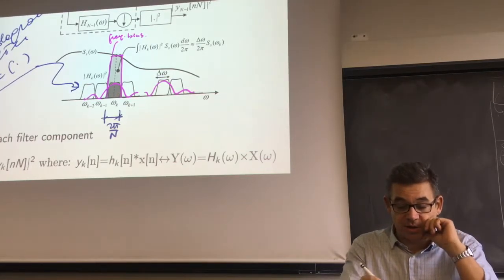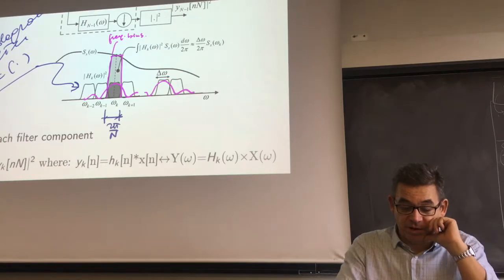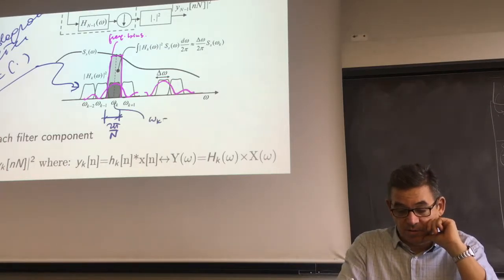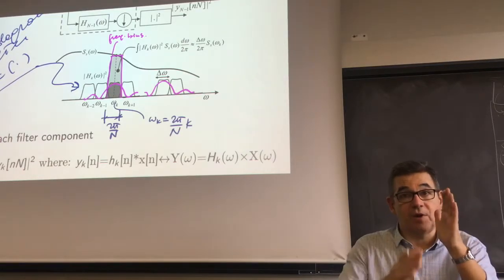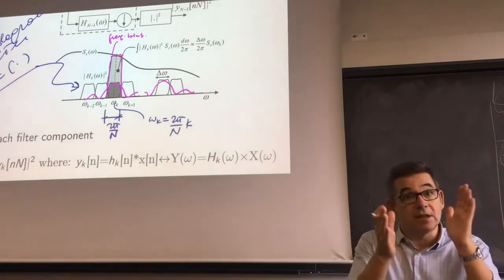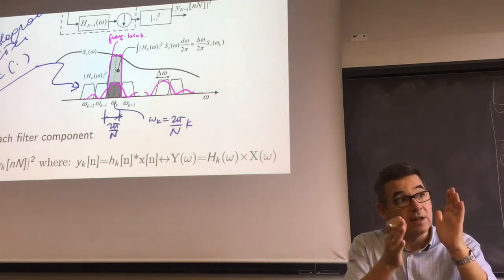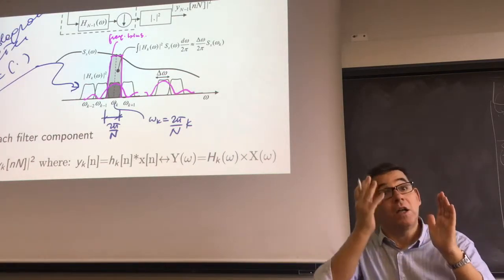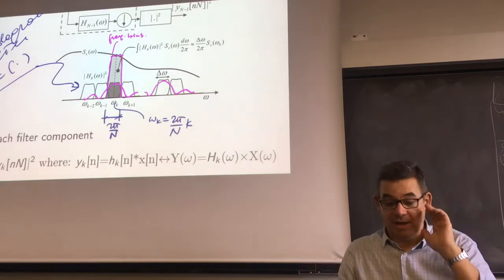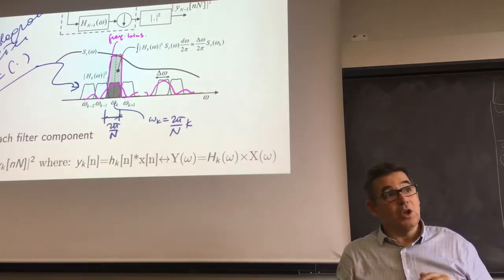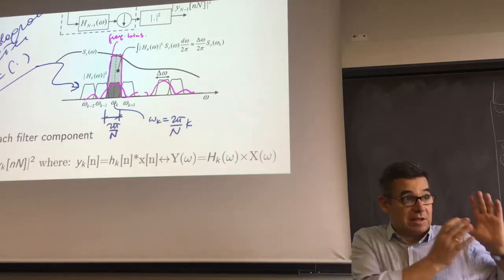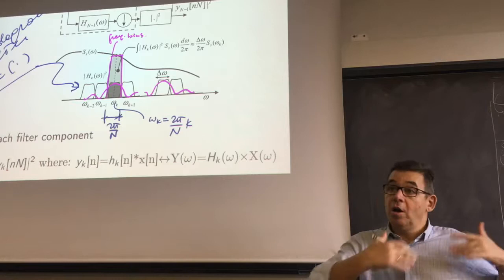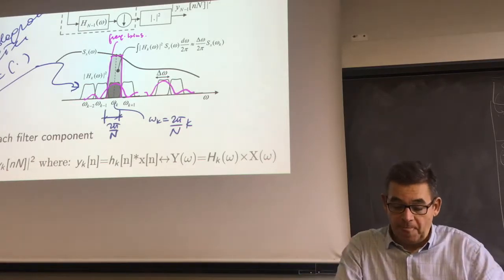Okay, so this is the specific frequency here. That means that the frequencies are bins, a set of bins equally spaced by 2 pi divided by n. So I have a set of frequencies uniformly spaced in the normalized spectrum between 0 and 2 pi, or minus pi and pi.